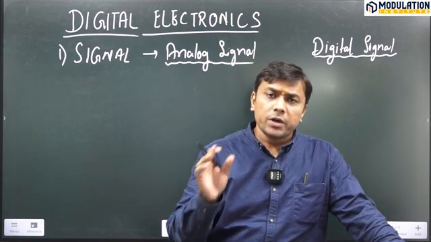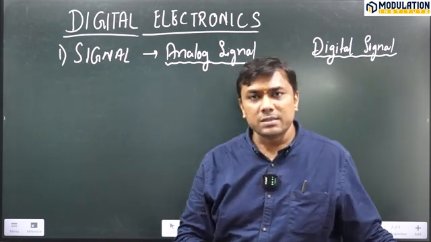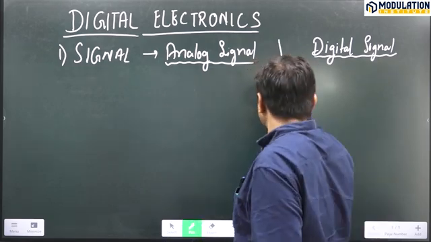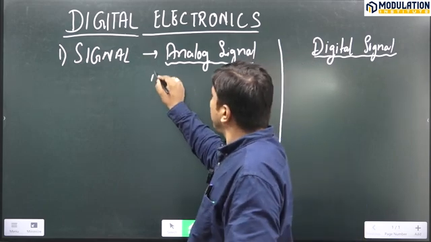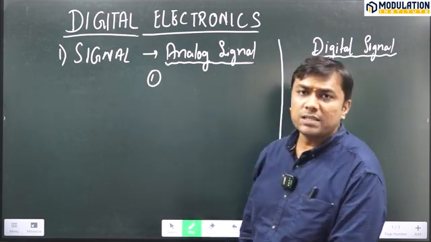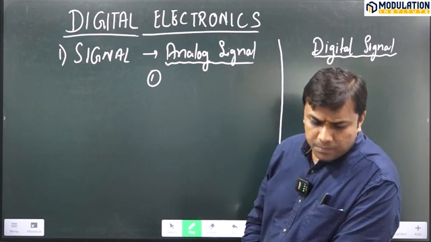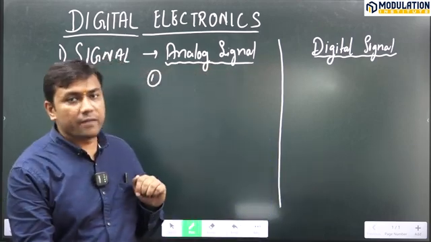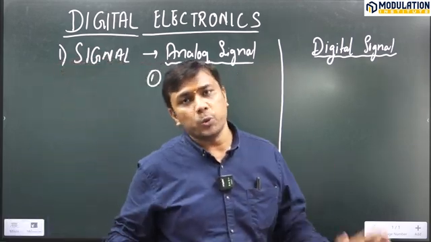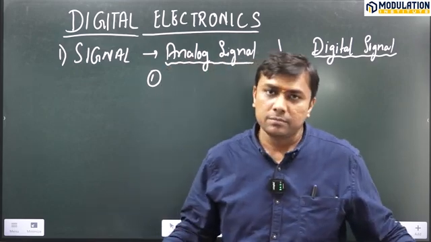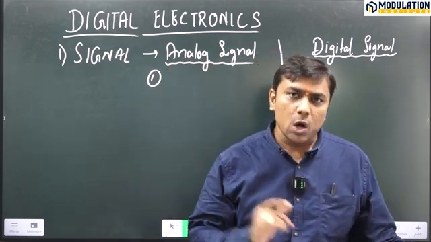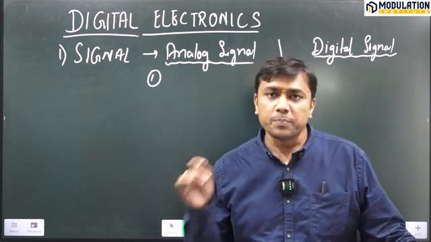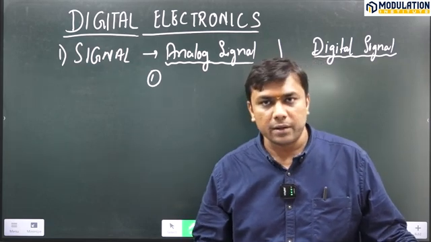Now we come to the definition of analog and digital signals. What is the basic difference between an analog signal and a digital signal? What is an analog signal? Any information or signal which has a continuous variation with respect to time is called an analog signal. Once again, I am repeating: any signal which has a continuous variation with respect to time is called an analog signal.